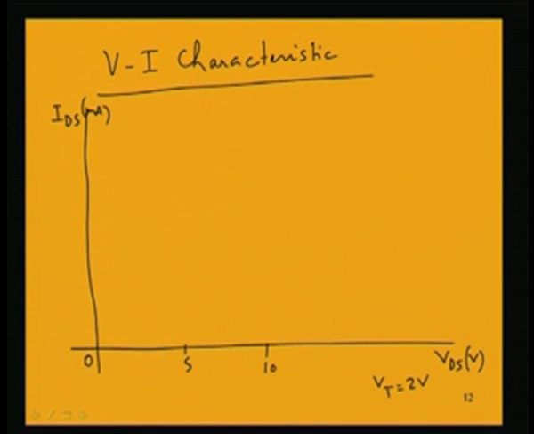So, we have say these are 5, 10, 15, 20 etc. voltages, and here we have 1, 2, these are the current magnitudes in milliampere.